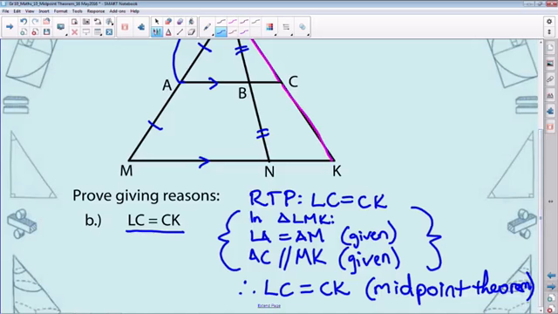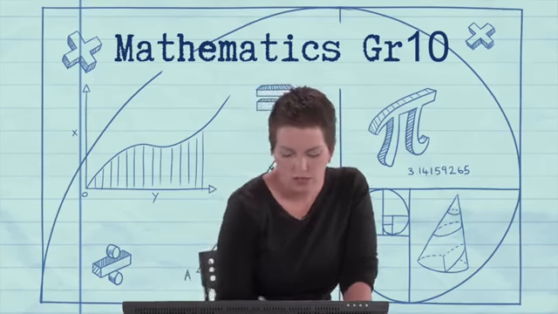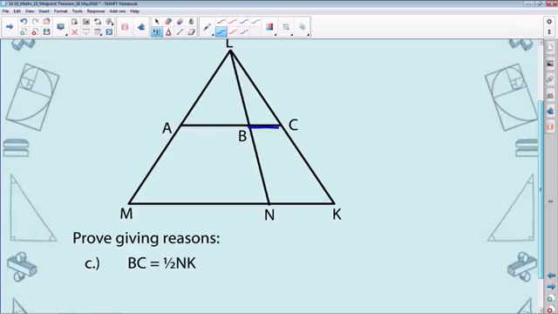I know we have run out of time, so the last thing I would say is that because this is the midpoint theorem, and that's the midpoint of this triangle over here, this relationship automatically exists because of the midpoint theorem.